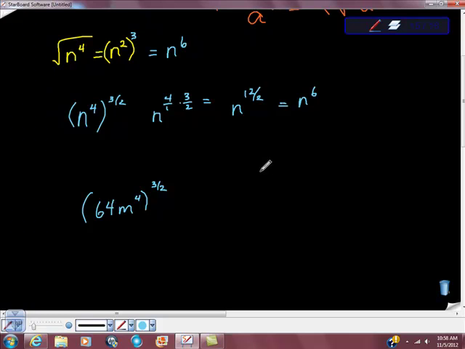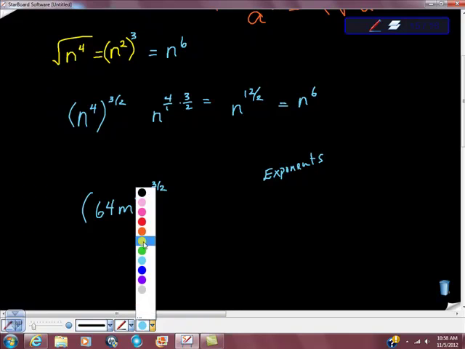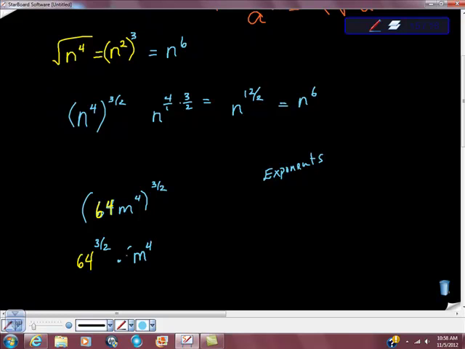Here, we're going to have to remember that exponents are distributable over multiplication, right? So that means we can look at it this way. We can say this 64, let this be our 64, that we have 64 to the 3/2 power times m to the fourth to the 3/2 power.